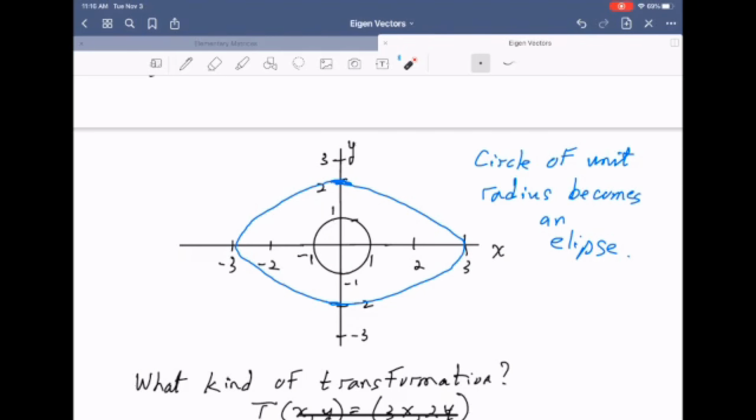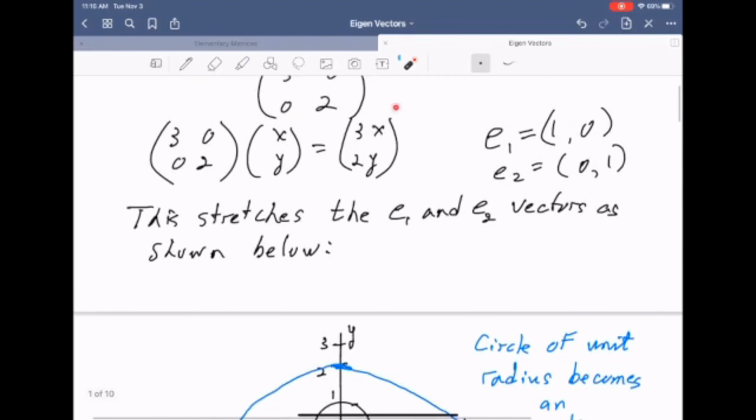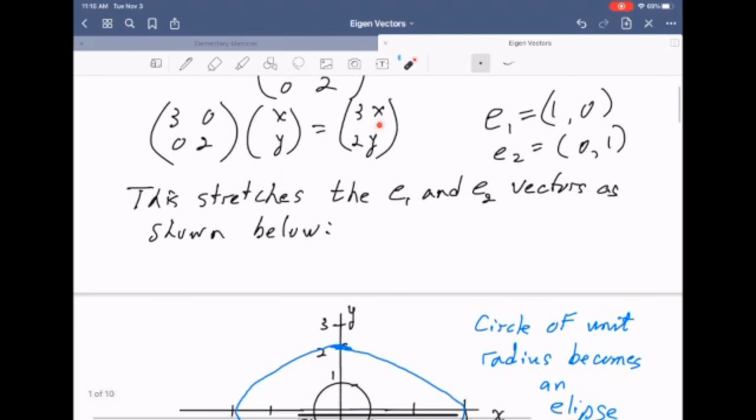The circle of unit radius becomes an ellipse once we do the transformation given by this matrix. You can see right here the 2y.